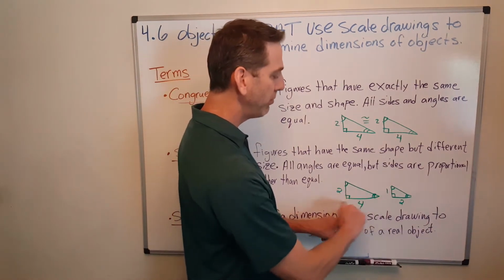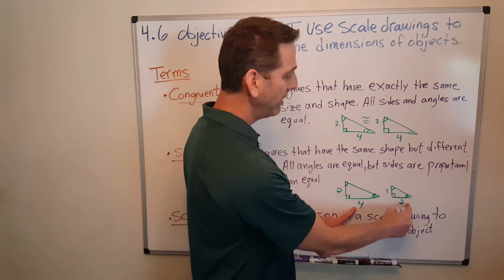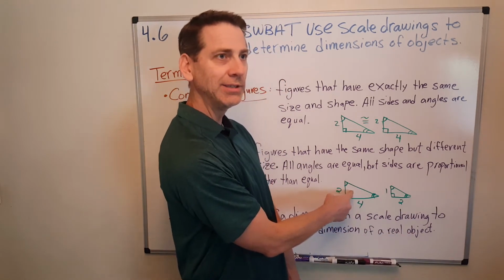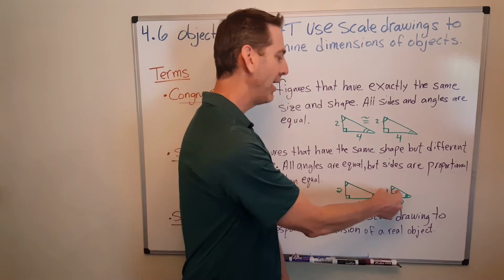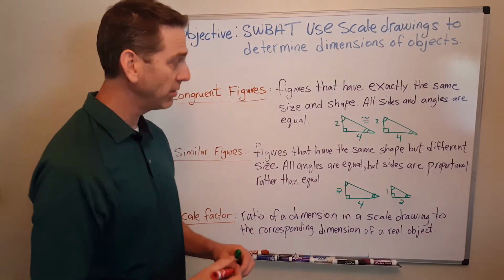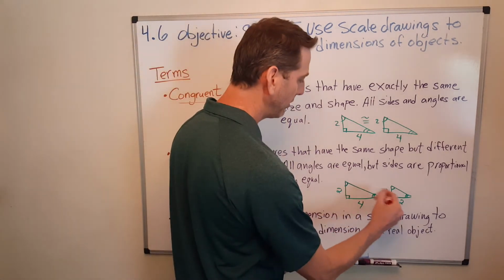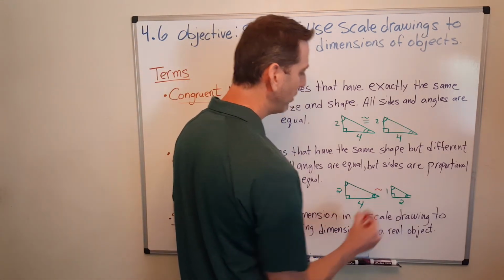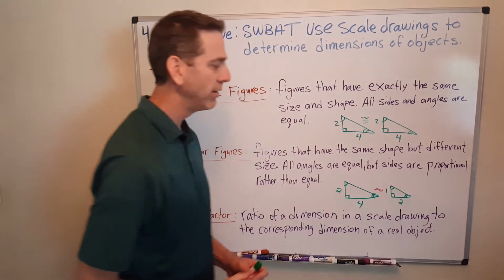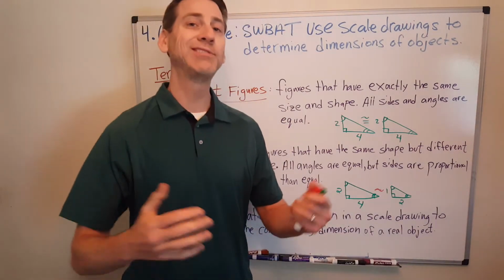Here the base is 4, here the base is 2. So essentially this triangle here is just twice as big as this triangle. So they're not congruent, but they're similar. The symbol you would use for that is just one little squiggly line there.